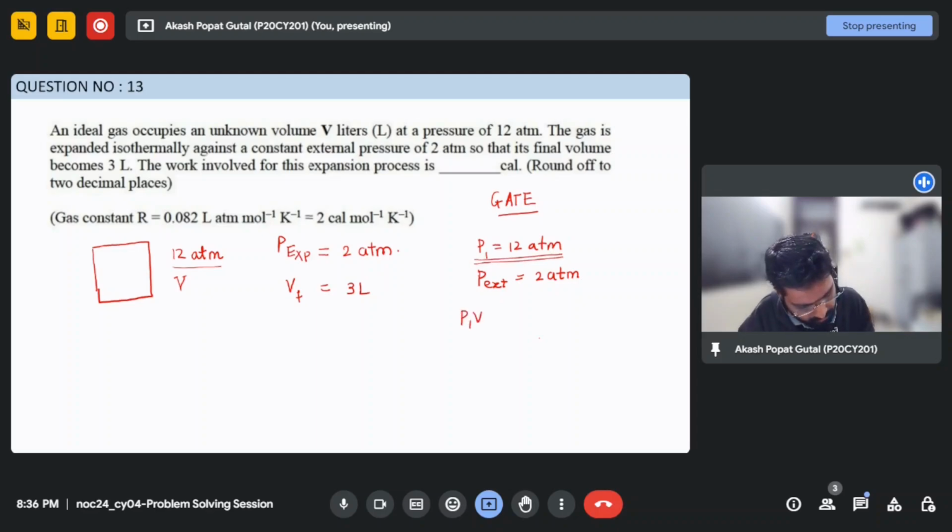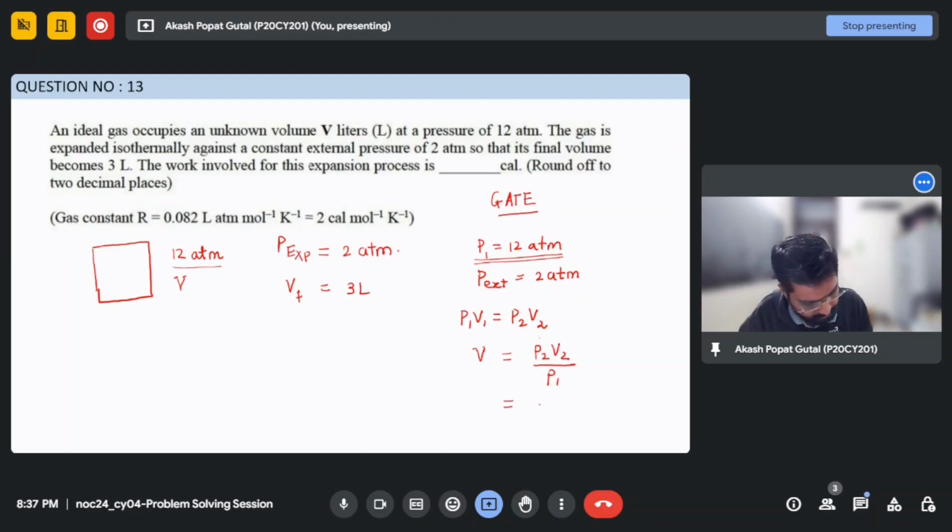So we have P1 V1 is equal to P2 V2. So the initial volume V of that gas is P2 V2 divided by P1.